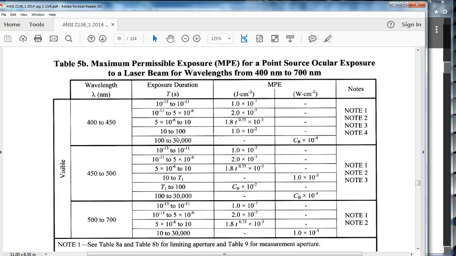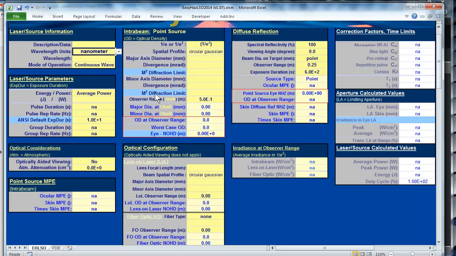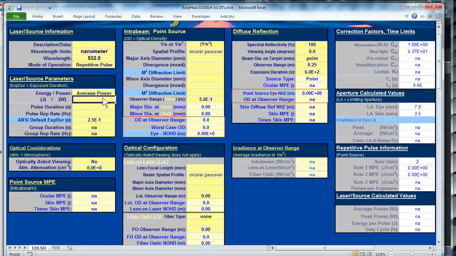Okay, so let's go back to the analysis. We have a wavelength of 532. It is repetitive pulsed. We have an average power of 2.5 watts. We have a pulse duration of 20 nanoseconds. Let's start with a repetition rate of 10 kilohertz.